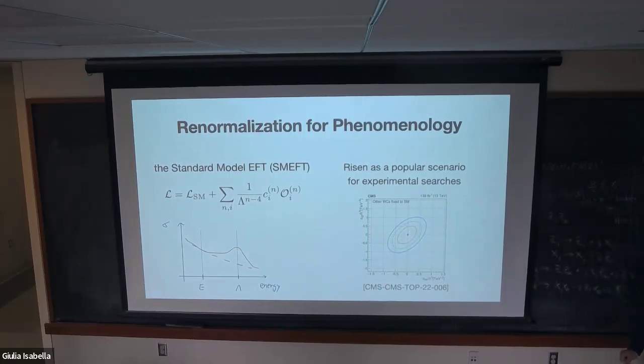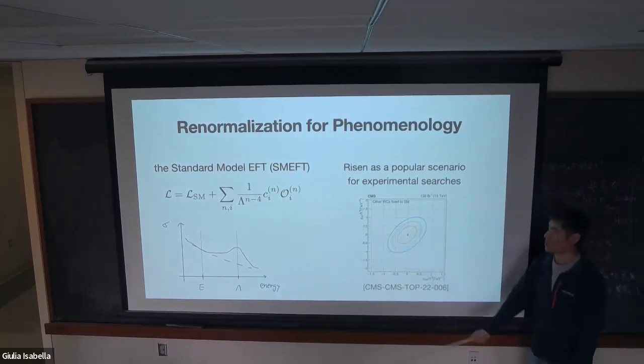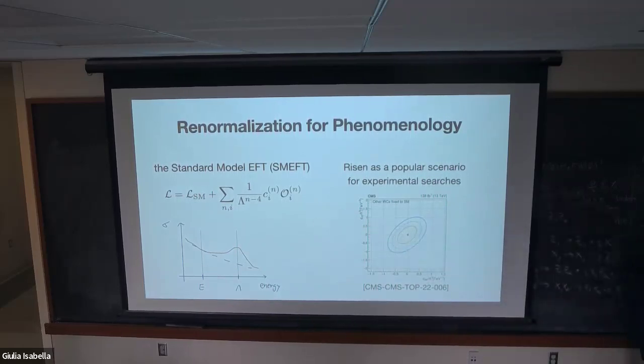The most model-independent way to do that is to write down an effective field theory, order by order according to the scale lambda. You have high-dimensional operators comprised of Standard Model fields consistent with Standard Model symmetry, with operators from dimension 5, 6, 7, and so on. It's a very systematic and consistent framework.